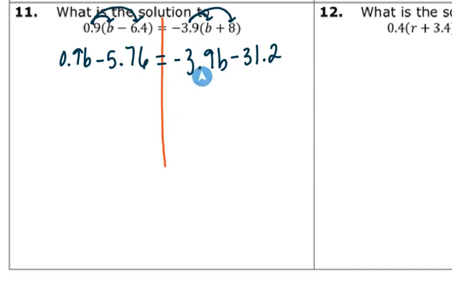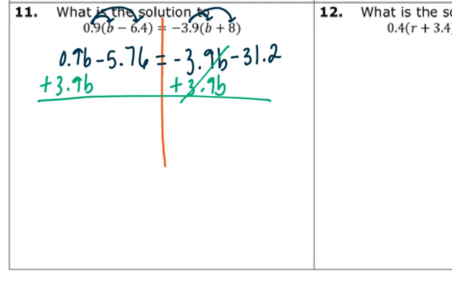Now I have some b's, so I need to move them so they're on the same side of the equal sign. So this is a minus 3.9. I'm going to add 3.9b, and I need to add 3.9b.